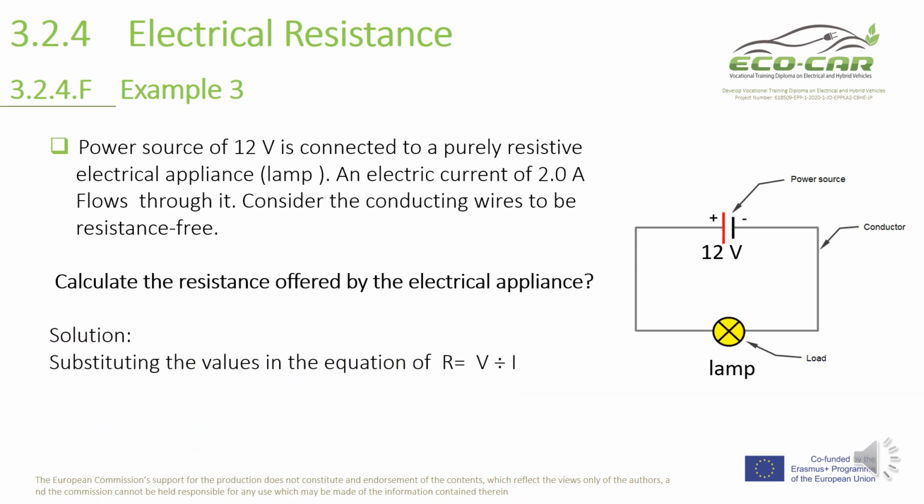So solution: R equal voltage divided by I, R equal 12 volt, and the current is equal to 2 amps. So R is equal 6 ohm.